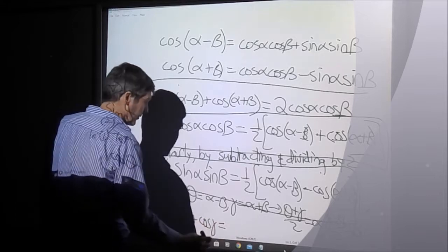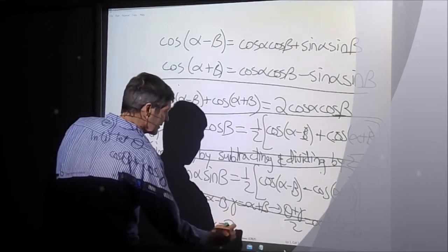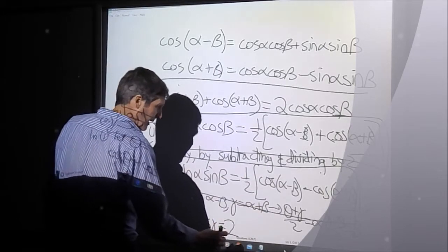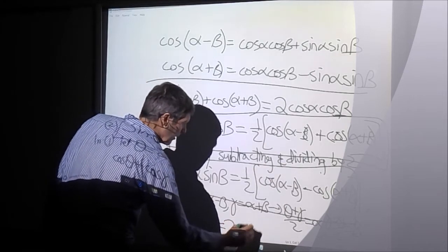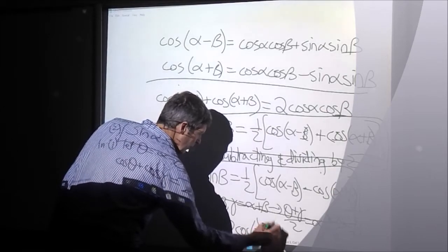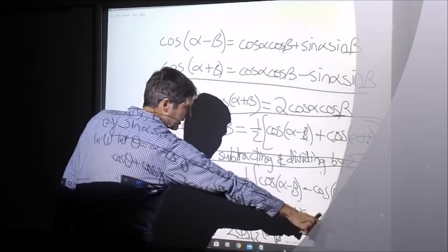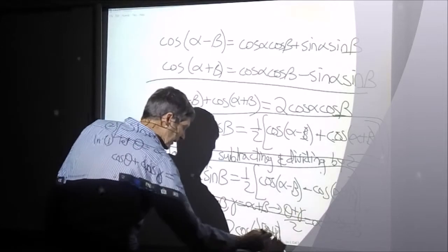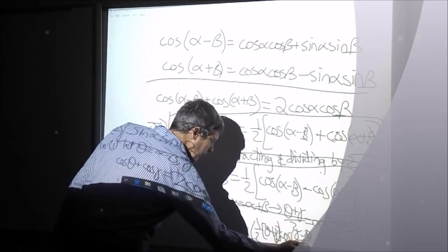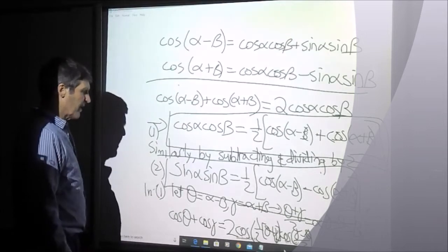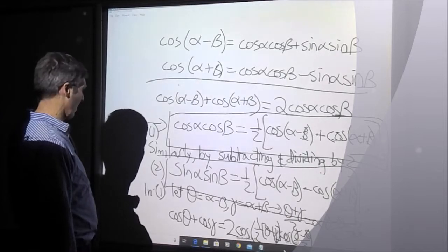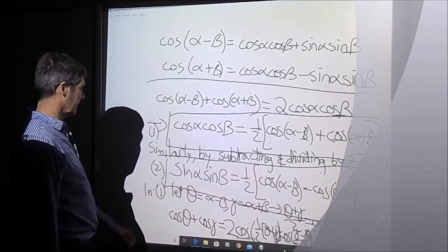And that's equal to twice cosine alpha, which is cosine 1/2 theta plus gamma, times cosine beta, which is cosine of gamma minus theta over 2. And now you divide that through by, or multiply that through by 2. Let's see, no, I'm sorry, just leave it like that.